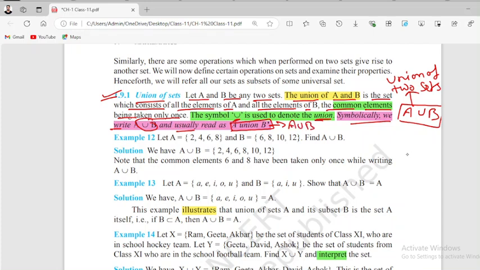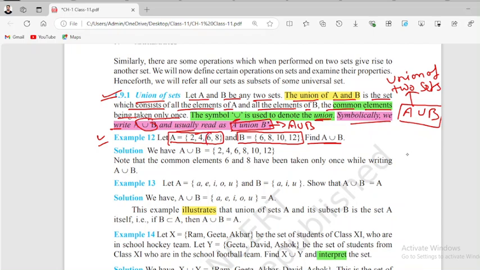How can we find A union B? Let us understand with the help of an example. Let set A contain these elements. This is set A and this is set B, and find A union B. So A union B has 2, 4 and 6.